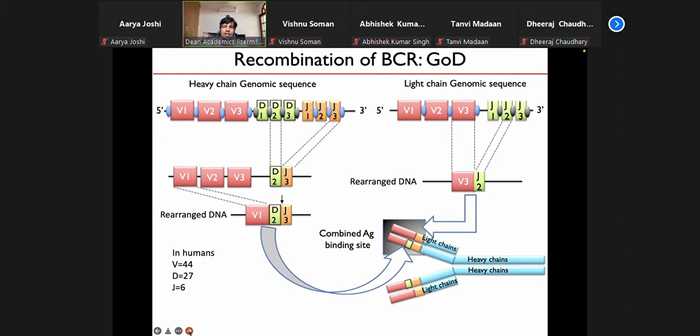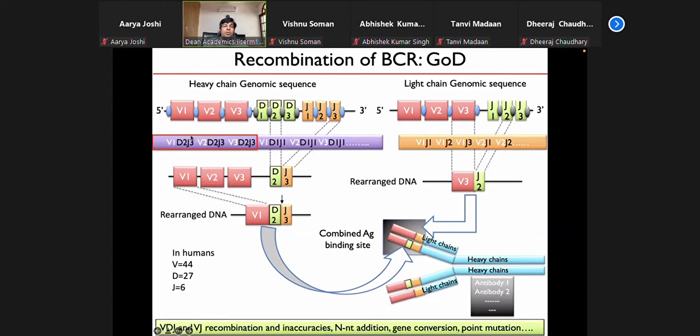This is basically a cutting and pasting mechanism. So this is just to show that, depending on what you have recombined, you are going to generate whatever number of specificities you can achieve.